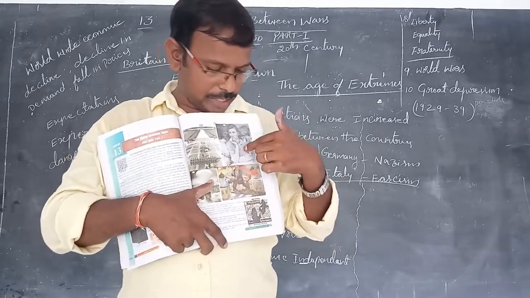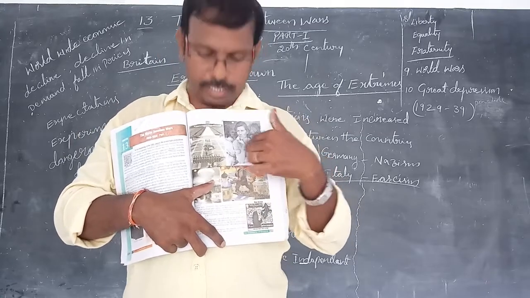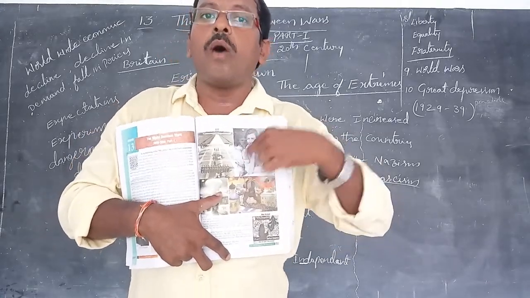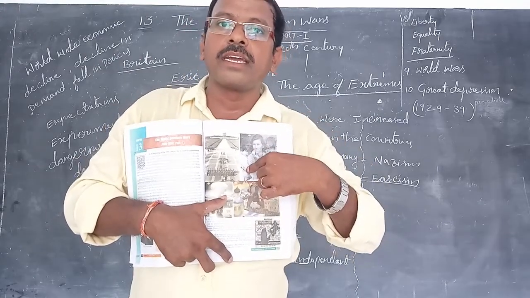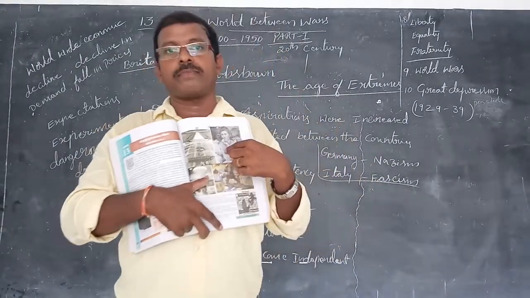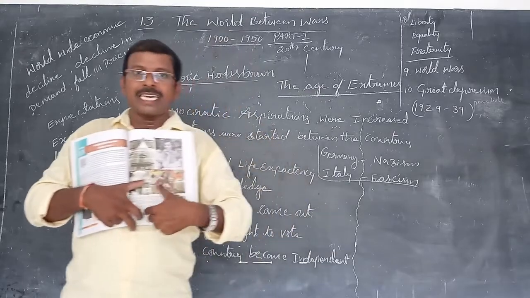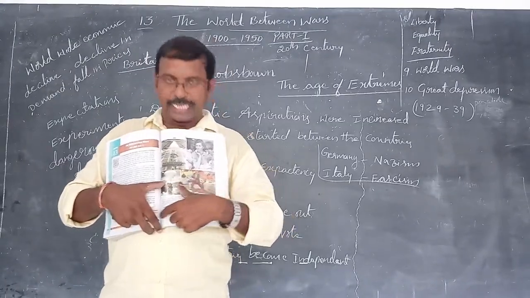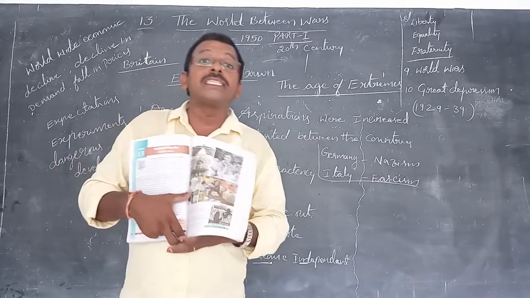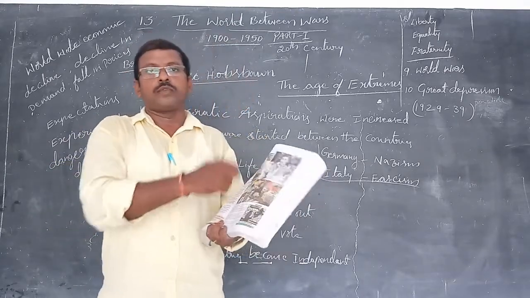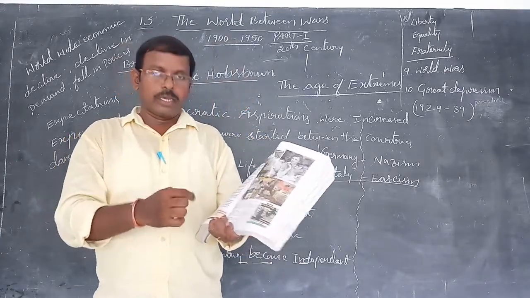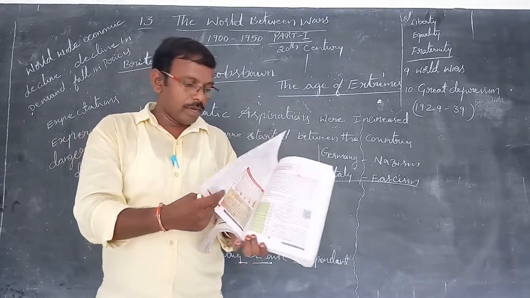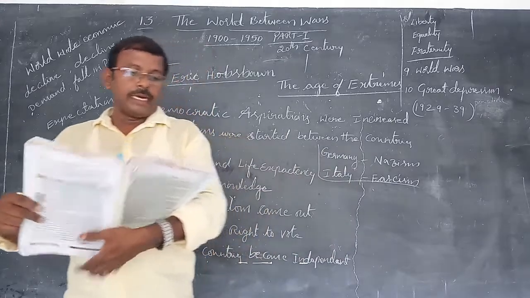For example, there is a lady here, in the second picture from above. Who is she? What is she thinking? You will be asked like that. So observe everything written here, see the questions, and write the answers about each picture. That is your work.